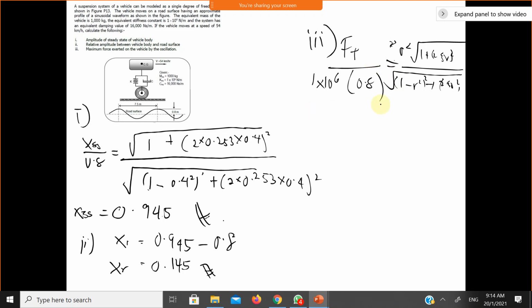Alright, so masuk semua nilai, put all together, then at the end FT you akan dapat 151,142 Newton. So dari our answer lah.